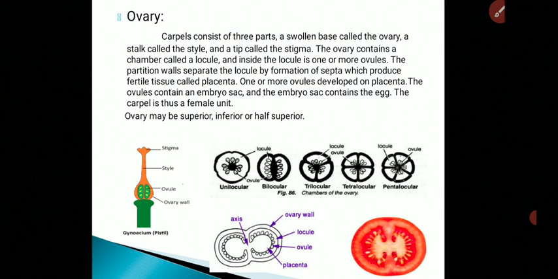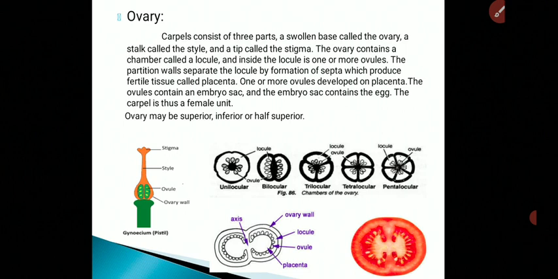This inner space of the ovary is divided into two chambers, that's why it is called bilocular. A trilocular ovary has three chambers, a tetralocular ovary has four chambers, while a pentalocular ovary has five chambers. A common example of a bilocular ovary is given here: a section of tomato shows a bilocular ovary.